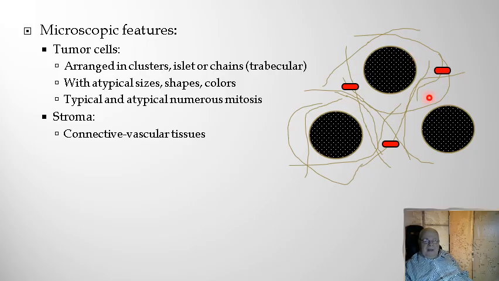But between these islands, we have otherwise completely benign, normal-looking connective tissue stroma, and inside some vessels, capillary or small arteriolar vessels, which are obviously responsible for the nutrition of the tumor. But the tumoral cells are all together grouped in islands or trabecular cords. These islands, as we'll see, have a different look according to each type of carcinoma, but this general pattern is present in all carcinomas.